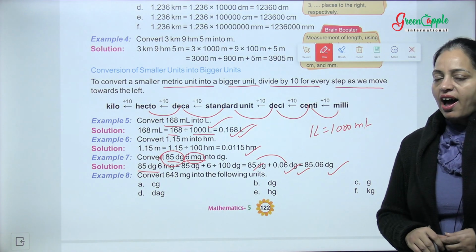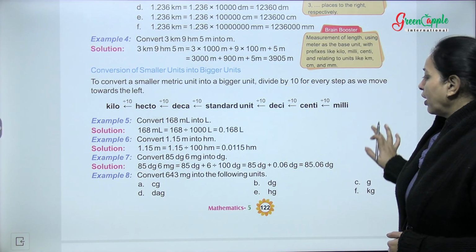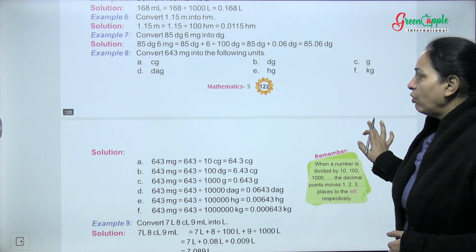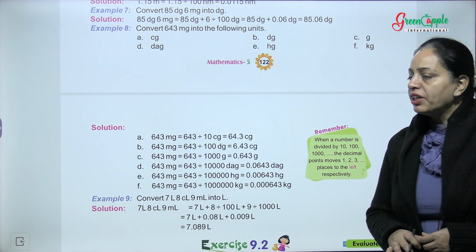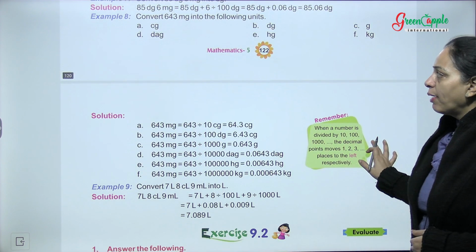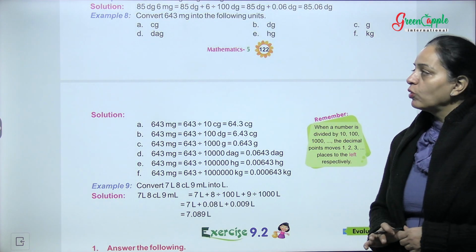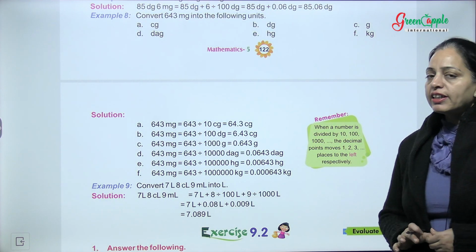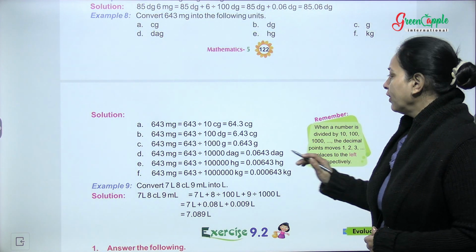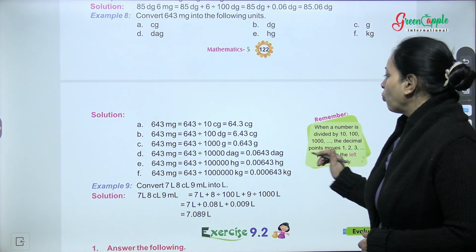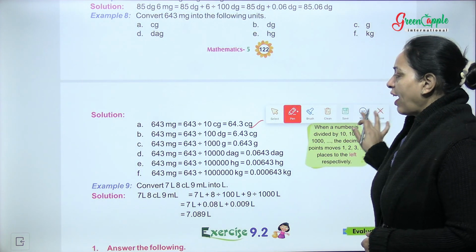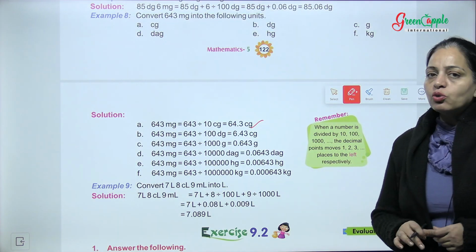This is the answer. Now example 8, convert 643 milligram into the following units. The first one centigram, you know 1 centigram equals 10 milligram. So 643 को हम divide by 10 कर देंगे. This is 64.3 centigram.